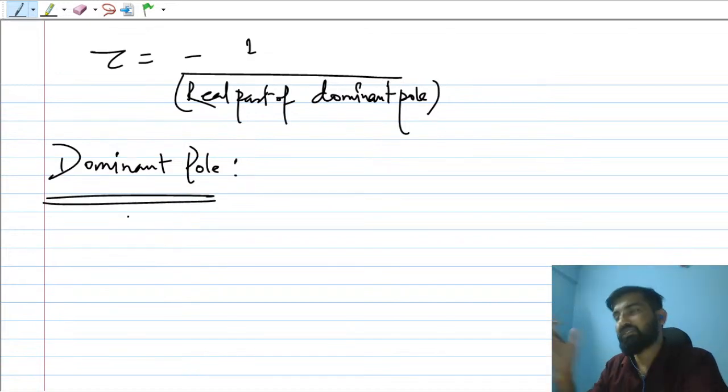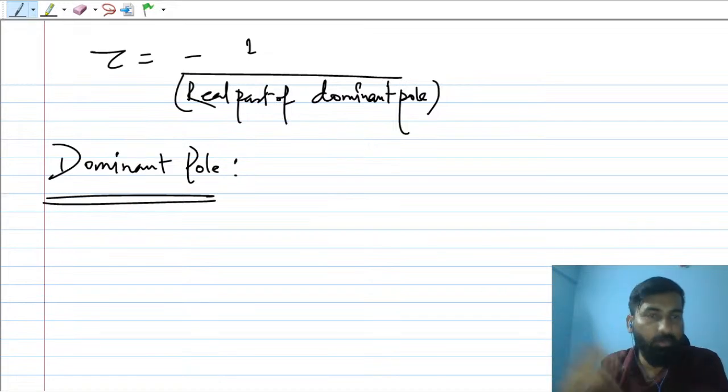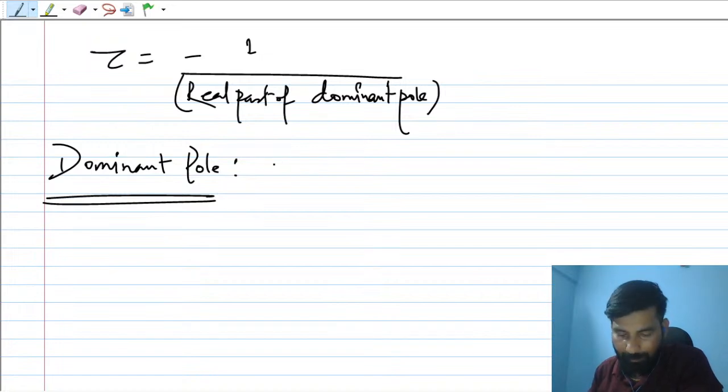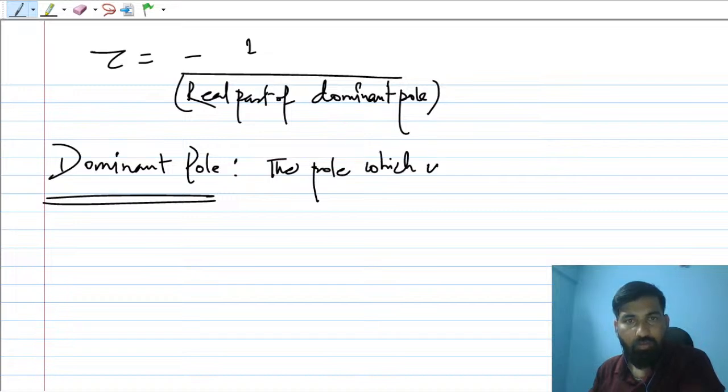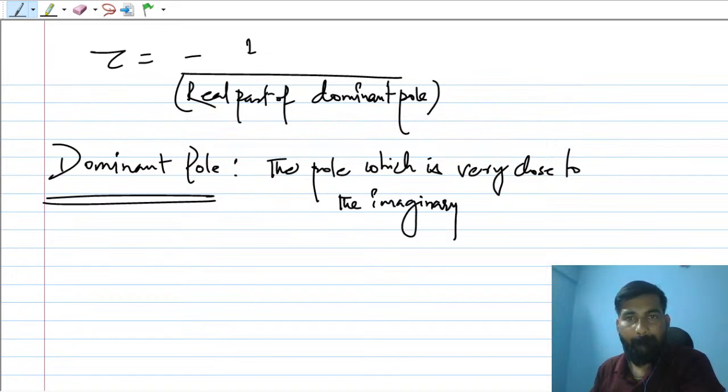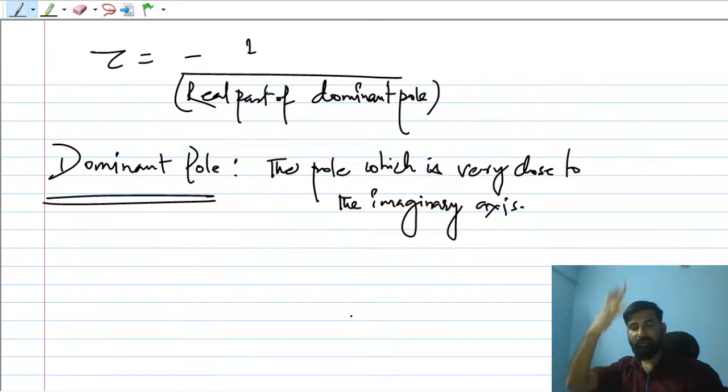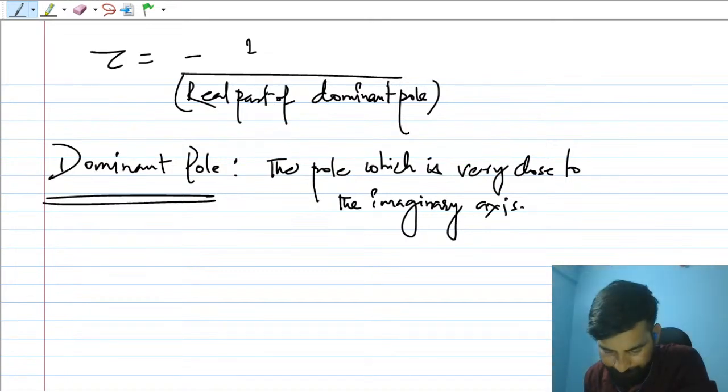There will be different kinds of poles. The dominant pole is the one which is very close to the imaginary axis, because there will be a real axis and an imaginary axis.